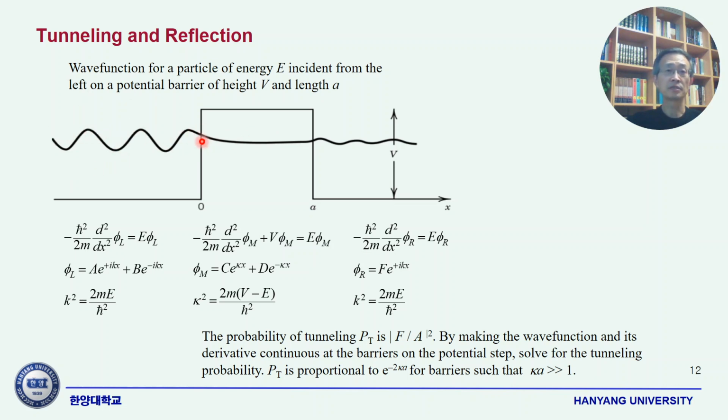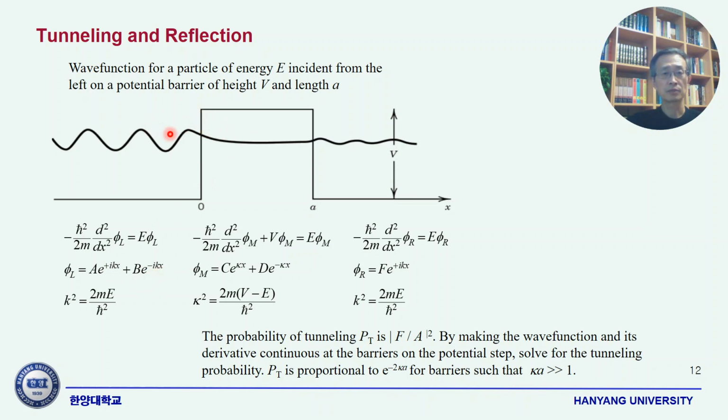In this region, because the potential is 0, this is your Schrödinger equation. You remember the form of the Schrödinger equation for the one-dimensional particle in a box? This is exactly that, with V equals 0. The wave function in the left hand side region, phi L, has a part going through and a part being reflected: e to the positive ikx is going through, e to the minus ikx is going back.